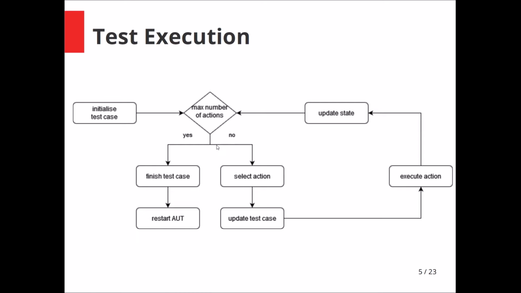After the test case has been completed, we perform some post-processing steps like serializing the test case to replay them on demand. Lastly, we restart the app under test to provide a clean starting state for the next test case.